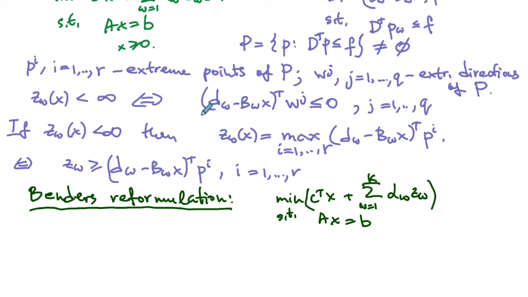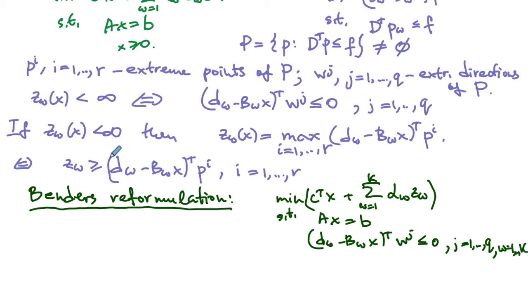The first set will ensure that we have the bounded scenario dual, and it's given by (d_omega minus b_omega x) transposed multiplied by w_j is less than or equal to 0 for j equal to 1 through q. And now we need to put this in for every scenario omega, right? So omega is between 1 and k.